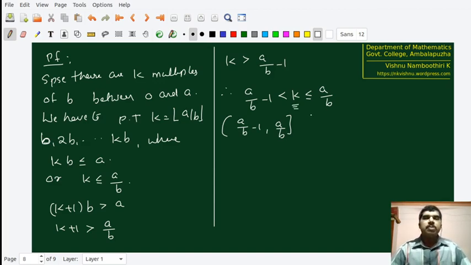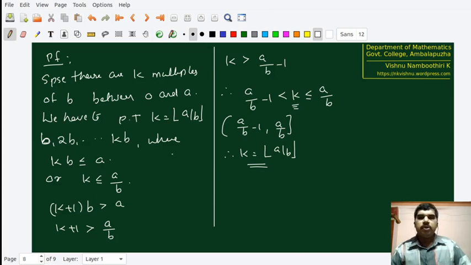And the integer part of a by b cannot be anything less than a by b minus 1, because the greatest integer not exceeding a by b must lie very close to a by b. Therefore, the greatest integer part of a by b, or the greatest integer not exceeding a by b, has to be k. Therefore, k is equal to the floor of a by b. Hence, we have verified what we have claimed.